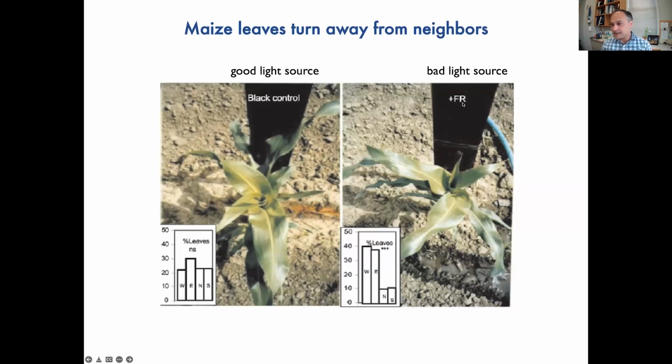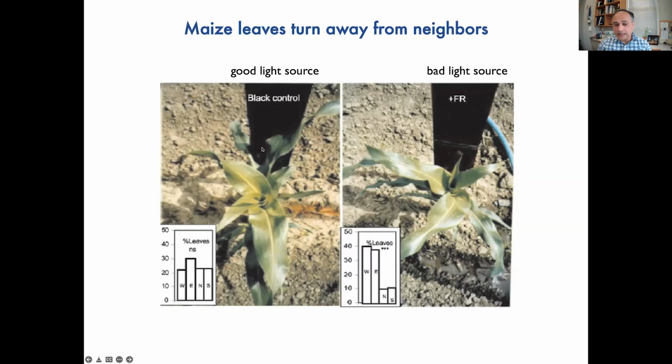So we understand what shade is. We can mimic that in the lab now. And basically, this is a change in the ratio of far red light to red light. Far red light, human eyes cannot see, but the plants can easily sense it. So in the field or in the lab setting, we can give a directional shade source, in this case, far red. And you can see this maize plant skips that region.